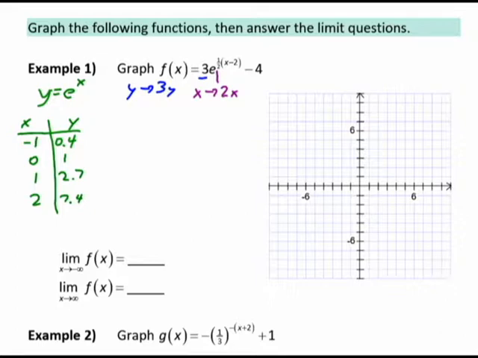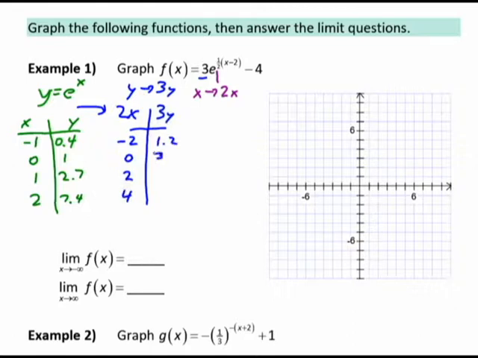Remember that input transformations have an inverse effect. Now I multiply the values in the original table in order to get the new table. Remember that these are offsets from the new center.